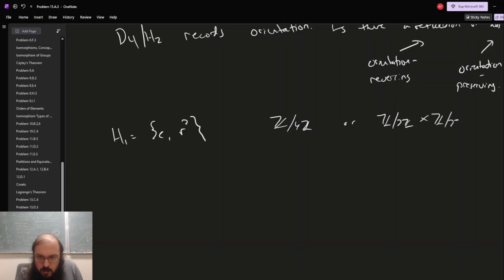And so it's an interesting question to ask which of these two groups we would get when I look at D4 mod H1. I shouldn't write equals, I guess, right? I guess I should write isomorphic too. But let's see if we can work out the multiplication table, and then we will know which one it is.